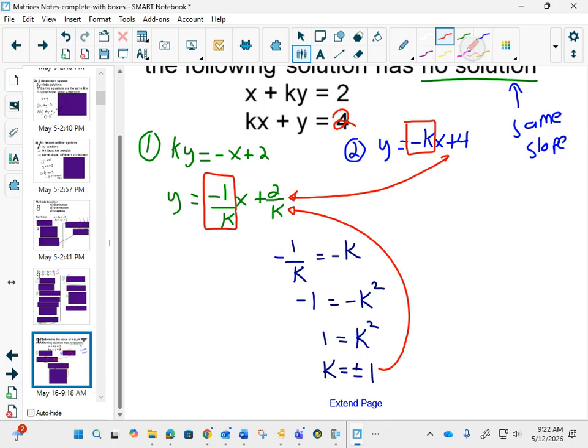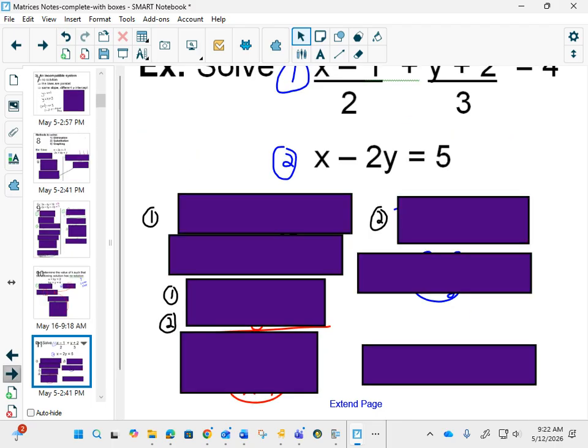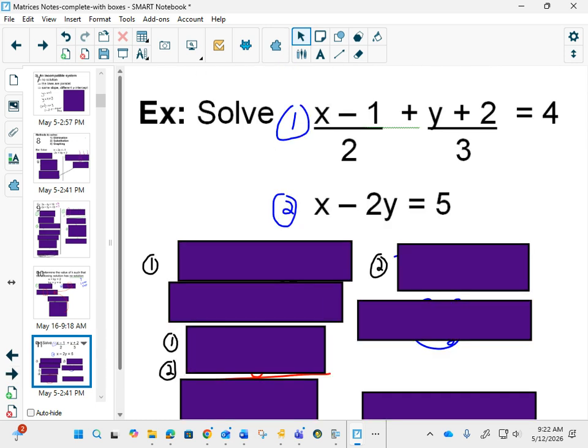But I didn't. Both of those work. So we can ignore that. There's equation 1. There's equation 2.